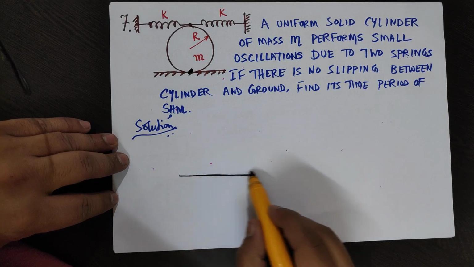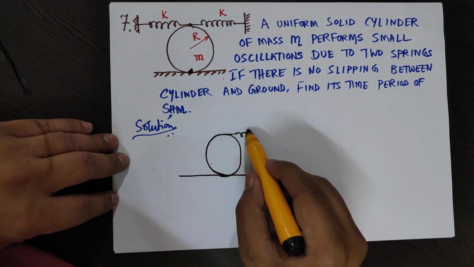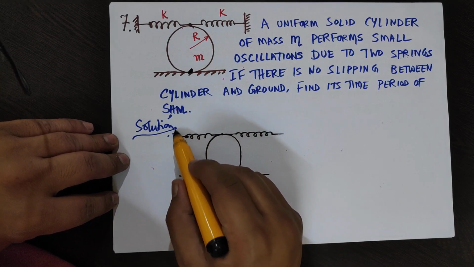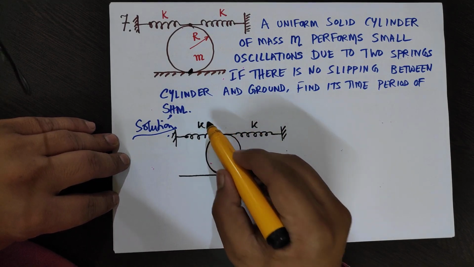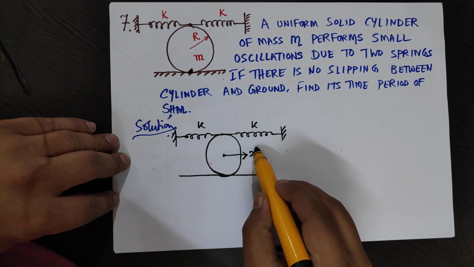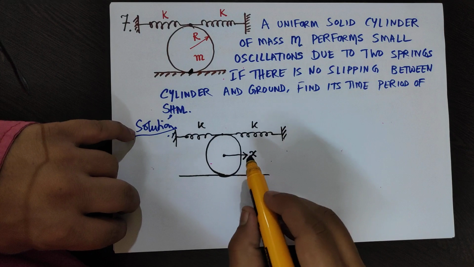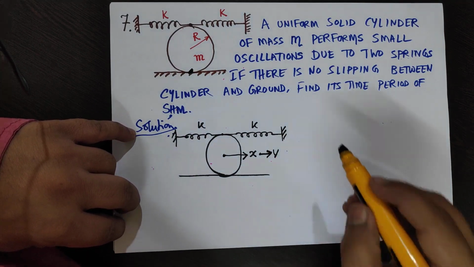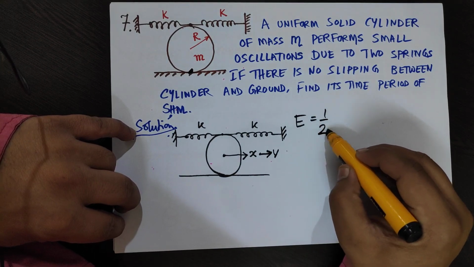First we'll displace it and then write total energy of the system, which includes kinetic energy for the disk and potential energy for the springs. Suppose if the center of the disk goes by x, the velocity of the disk will be v.